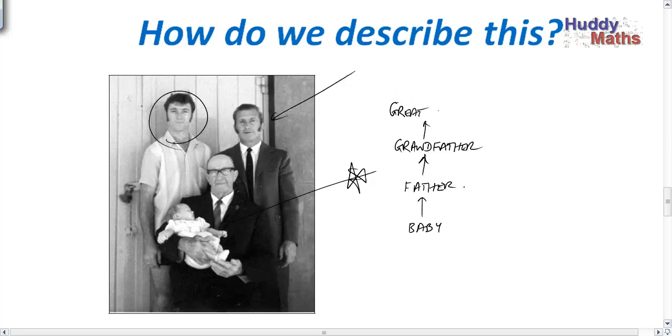Are you aware of those sorts of names in our world of families? So, the great-grandfather was the father of the grandfather, who's the father of the father, who's the father of the baby. Okay, that's how we describe it.